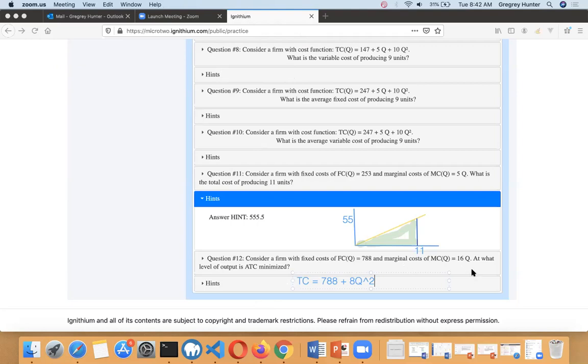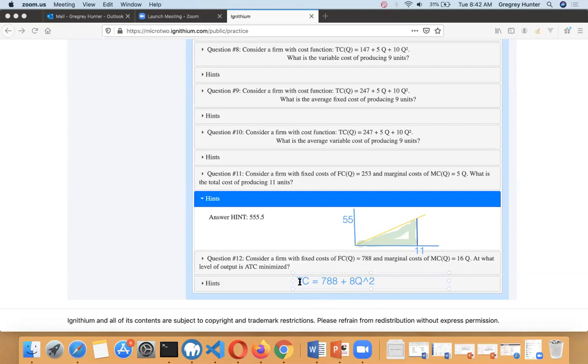So that's what you got, Efren, for total cost. Yeah, so that's what I got for the total cost function.